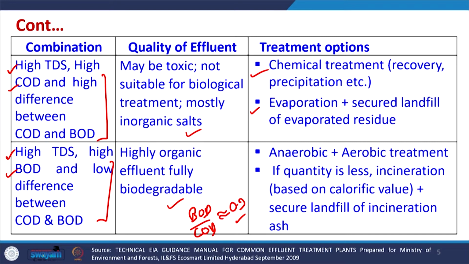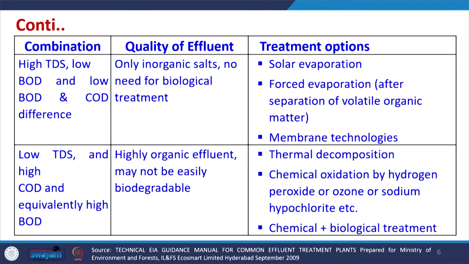So it is fully biodegradable, and we can go for an anaerobic plus aerobic treatment option. If the quantity is less, we can go for incineration based upon the calorific value, and secured landfill for the incineration residue. So these are the strategies.